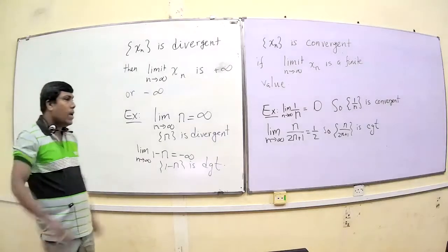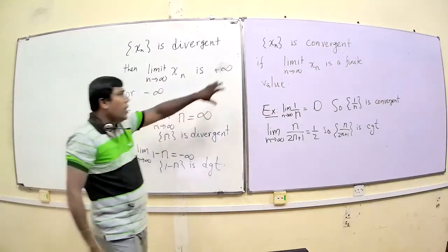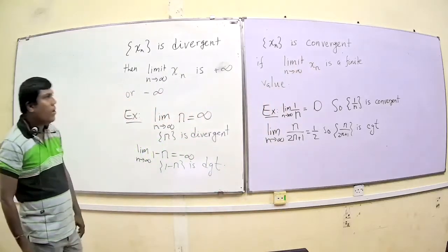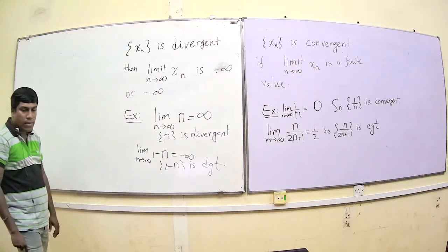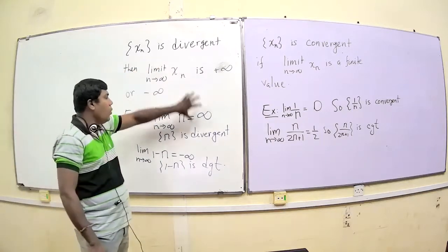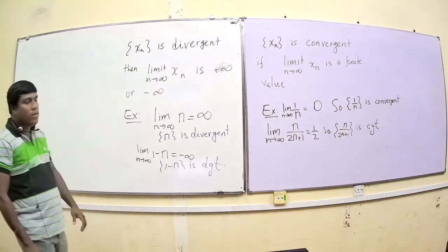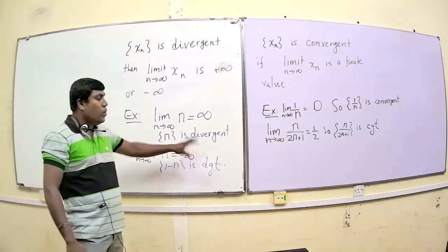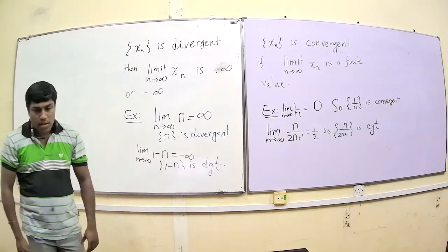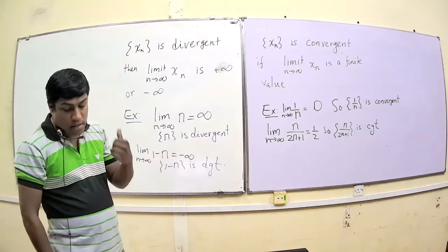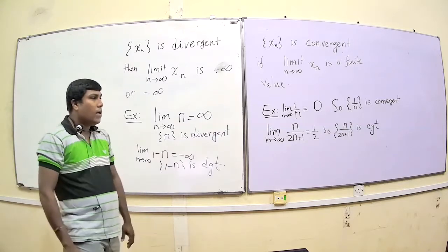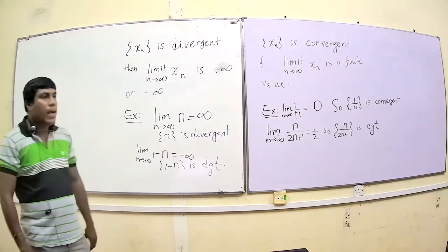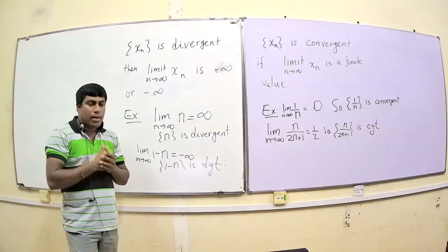So you should be very familiar with this. If the limit of the sequence is a finite value, then we call the sequence a convergent sequence. If the limit of the sequence is an infinite number, plus infinity or minus infinity, then we call that sequence a divergent sequence. There is another case, for example minus 1 to the power n. That is a sequence which does not have a limit.